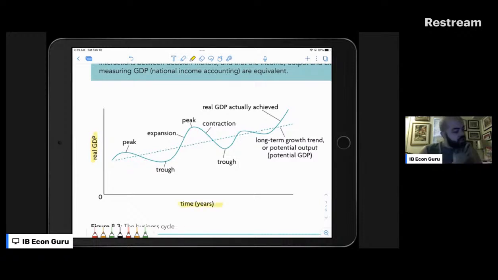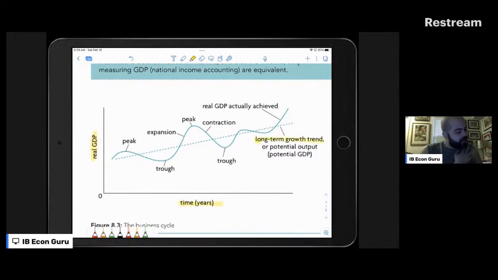There's a long-term growth trend, or a long-term line, and short-term fluctuations. The long-term trend is that there is growth in the nation's potential GDP, or potential output. But in the short term, this growth is not very uniform.